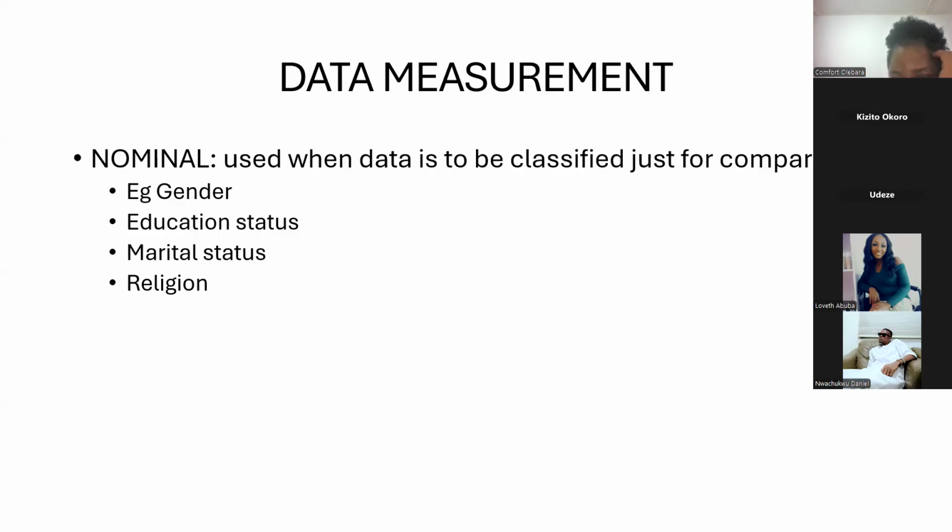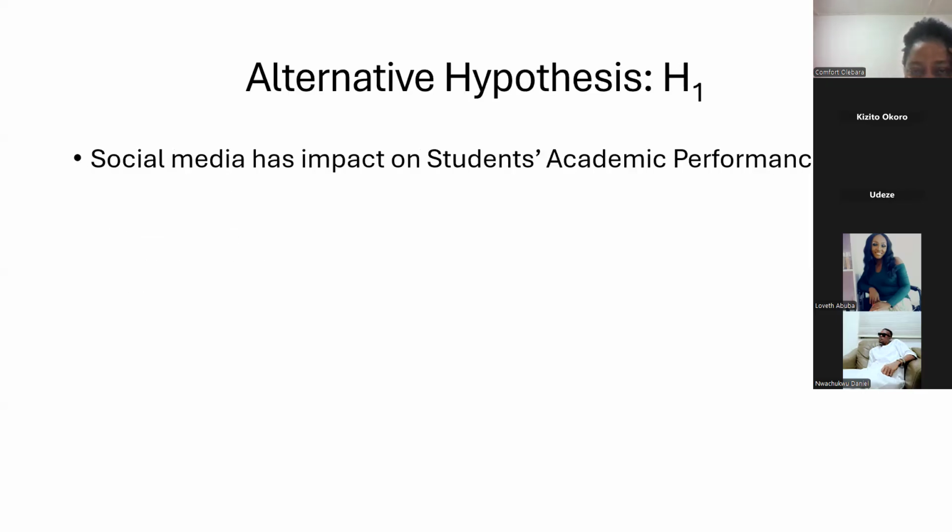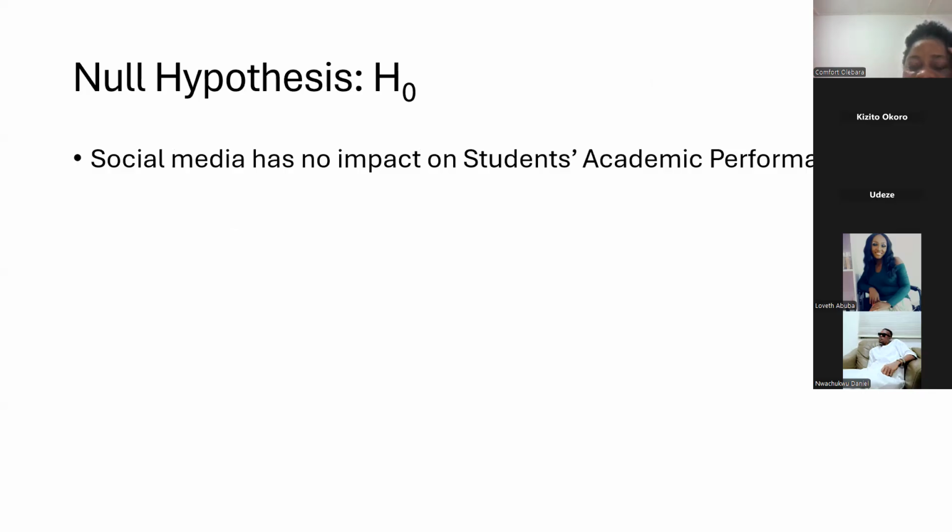In this scenario, it's called the dependent variable because we are looking at the dependence of these parameters, students' academic performance and students' time management, on how social media affects them. So they are depending, and right now we call them dependent variables, while the other one causing the change is the independent variable. So let's go back. Your question is whether alternative is the same thing as positive. No.